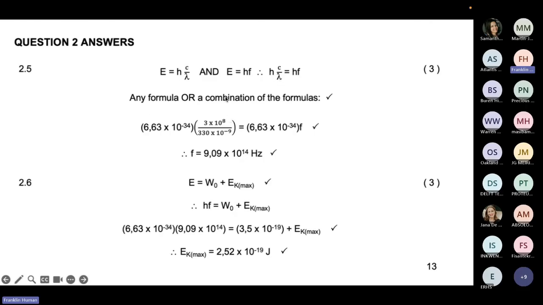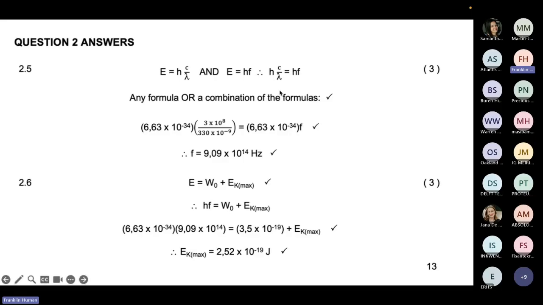So for any of these formulas, or a combination of these formulas, you get a mark. What we've done is rearrange our equation for the energy of the photon, where we have Planck's constant, speed of light, and wavelength as my variables. With this one, we're in the World Cup. I'm going to tell you why.